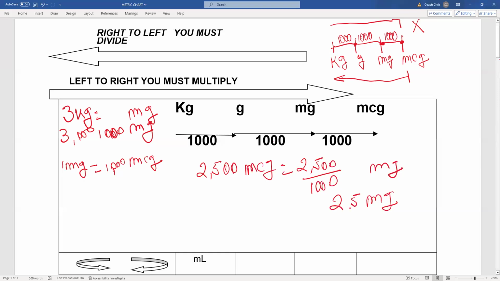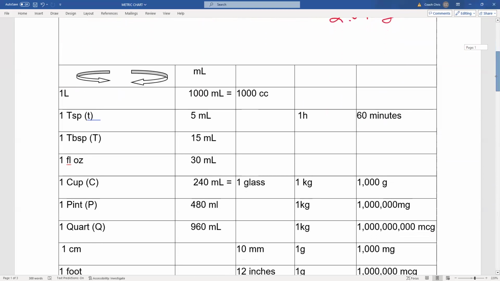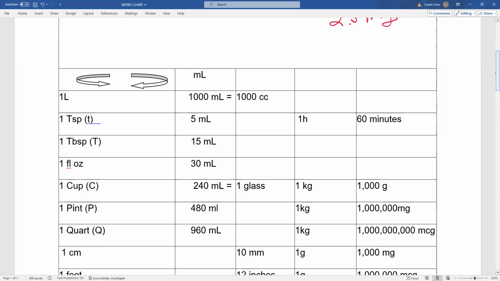All right? So let's deal with the other system right here. So you have to know, anytime, 1 liter, when you go from liter to milliliter, we're not talking about going from a microliter back to milliliter.